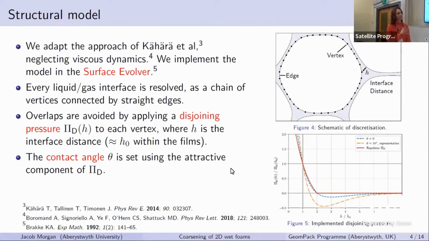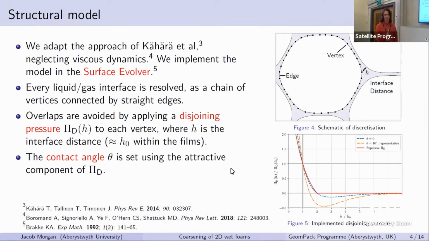In order to get a contact angle between the bubbles, we add a little attractive component to the disjoining pressure. A negative disjoining pressure corresponds to an attractive interaction between nearby liquid-gas interfaces, and the depth of that minimum in the isotherm, or in the plot there, determines the contact angle.